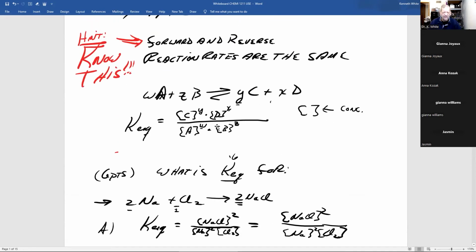Now, the equilibrium constant is the molarity of each product on the top to the power of the coefficient of that product, divided by the concentration of each reactant to the coefficient power of that reactant.